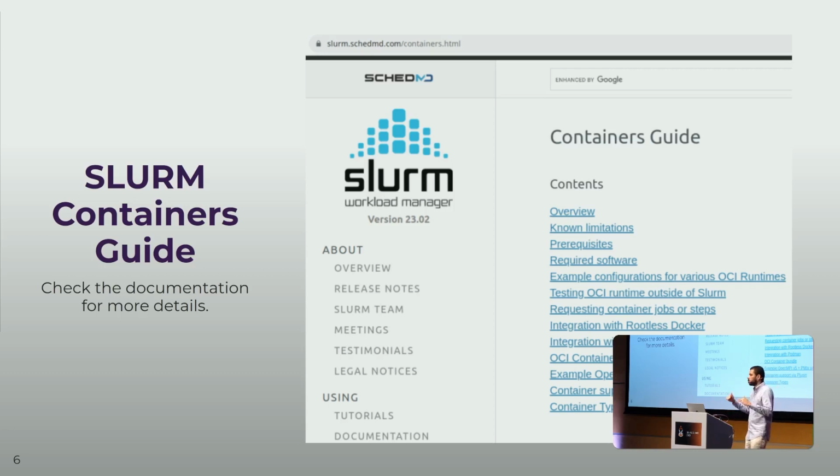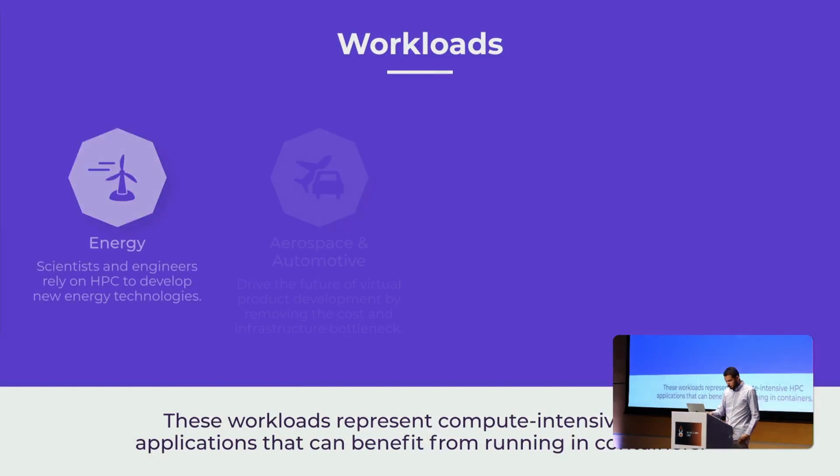But you can also, with specific commands from each one of those technologies, run them inside the job. In the example, we're going to have a quick demo. We're going to use the simplest way, which is using the commands from Singularity. But you can also check the Slurm documentation for more options.